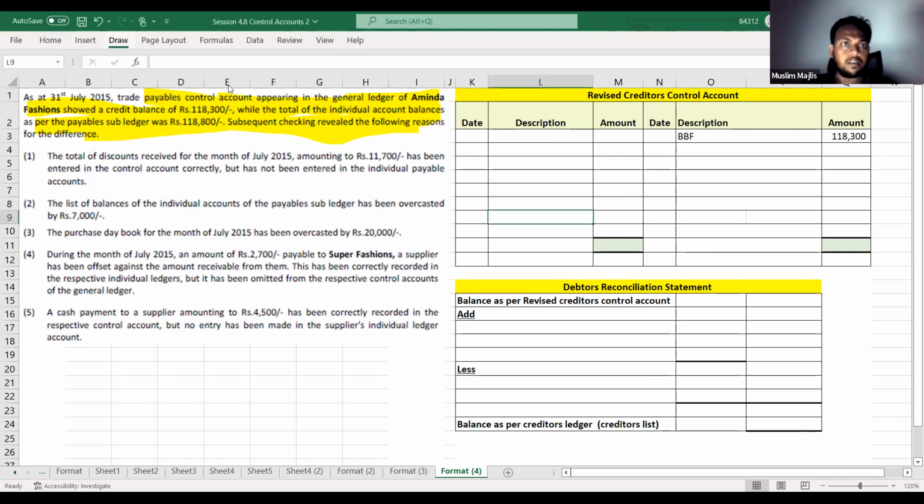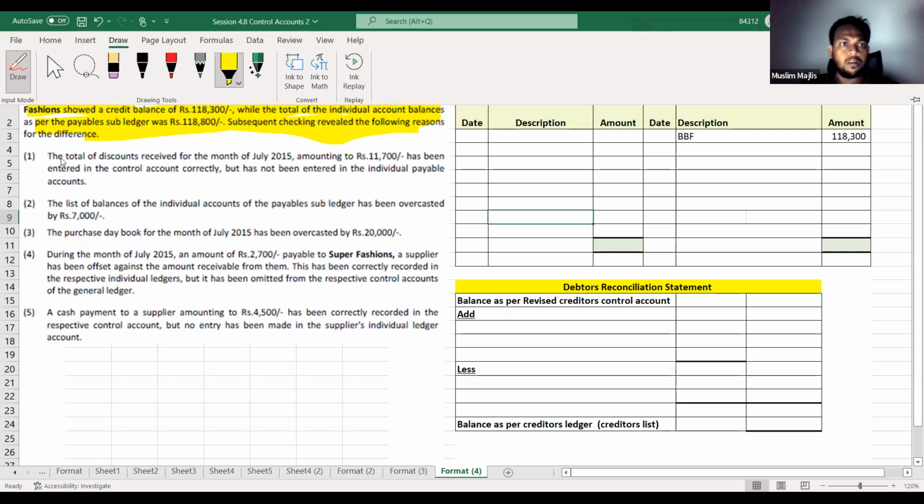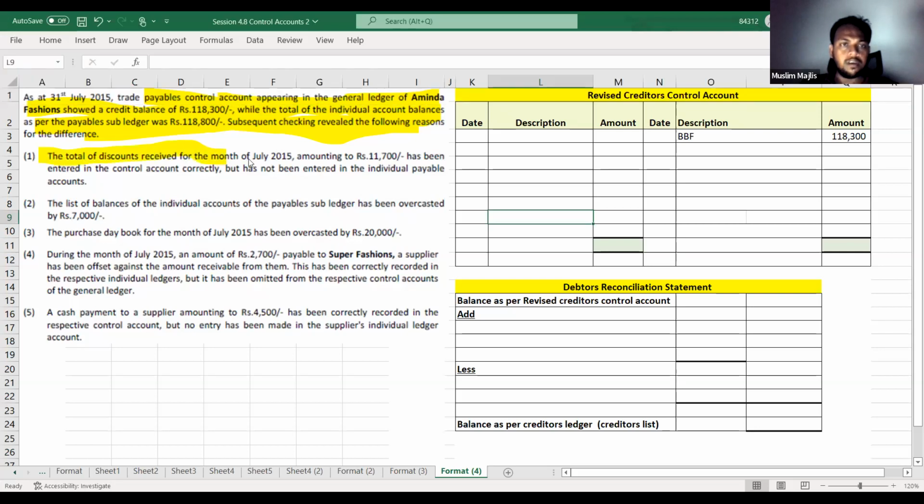Okay, first one. The total of discounts received for the month of July 2015 amounting to 11,700 has been entered in the control account correctly. So there is nothing wrong in the control account, but it has not been entered in the individual payable accounts.